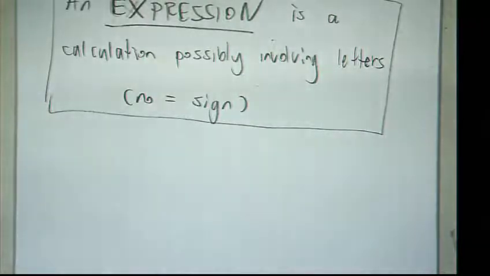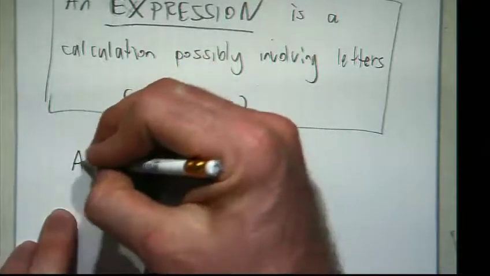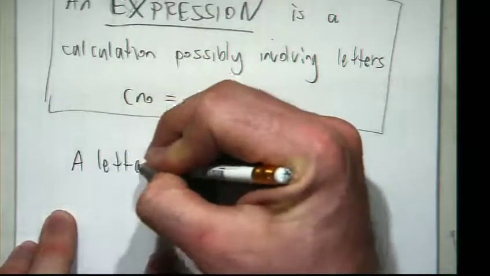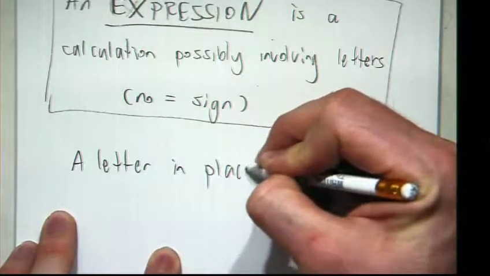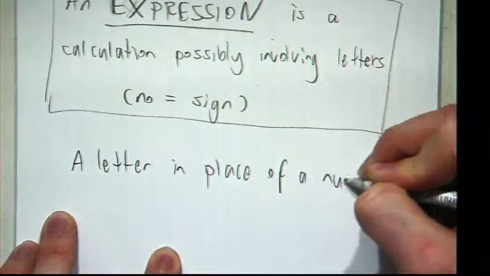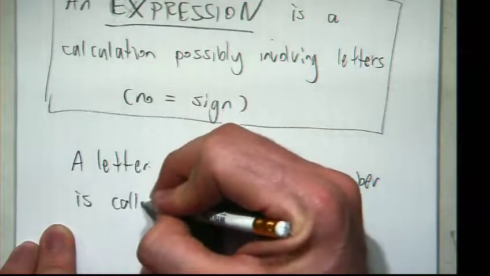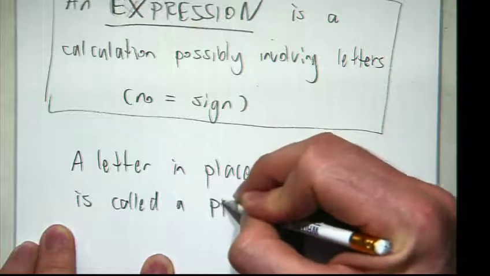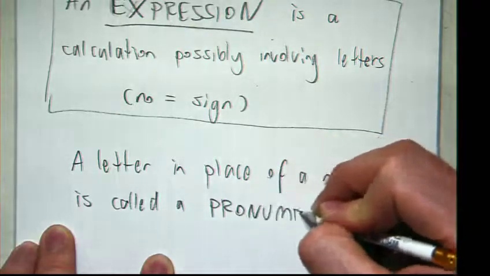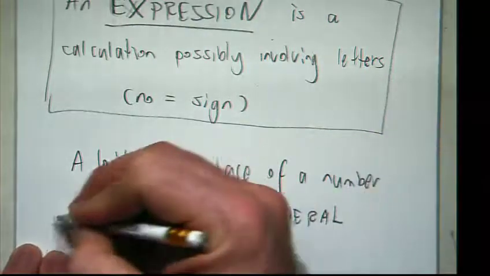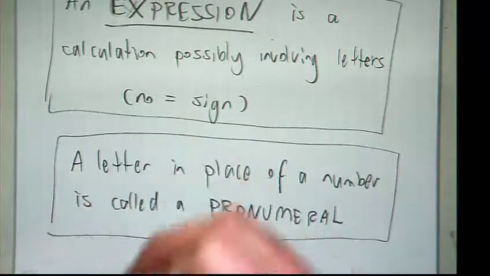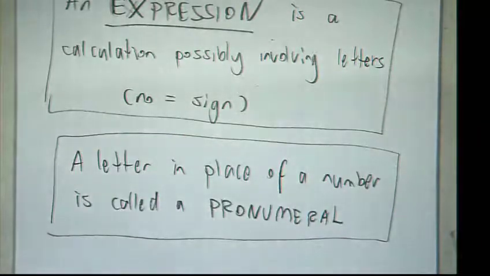And you should know that the proper word for those letters that are standing in place of numbers is pronumerals. It's a bit like pronouns in grammar, but a letter in place of a number is called a pronumeral.